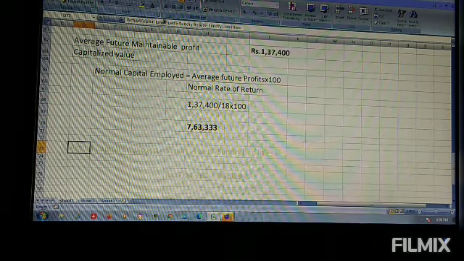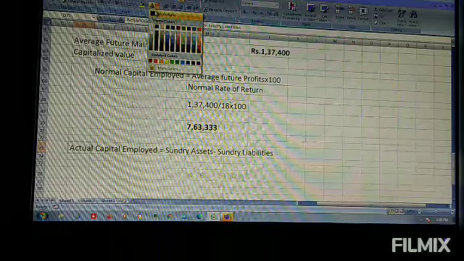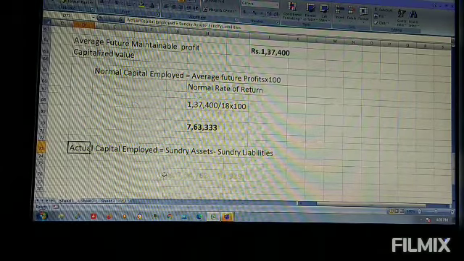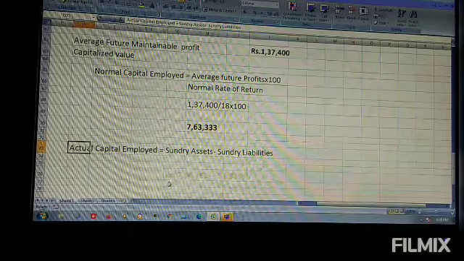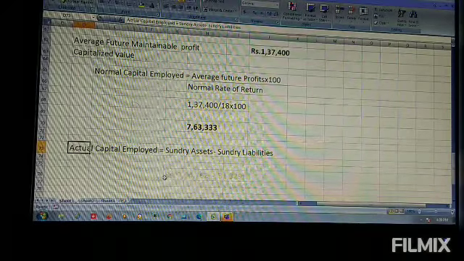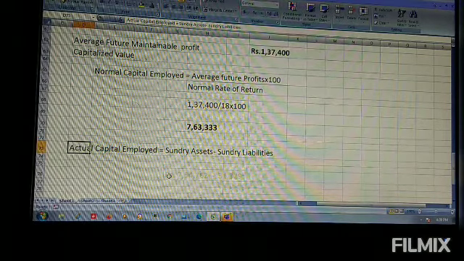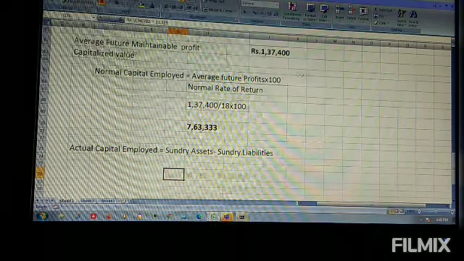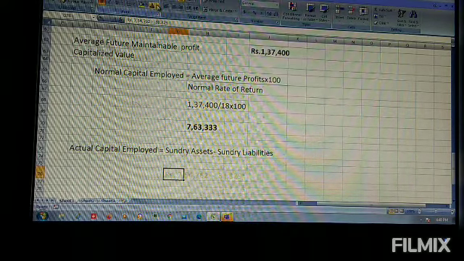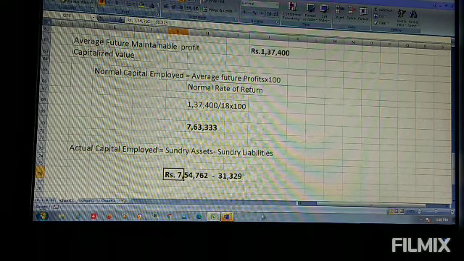Net assets is nothing but capital employed, that is sundry assets minus sundry liabilities. Sundry assets is 7,54,762 minus 31,329, as per the problem it is given.